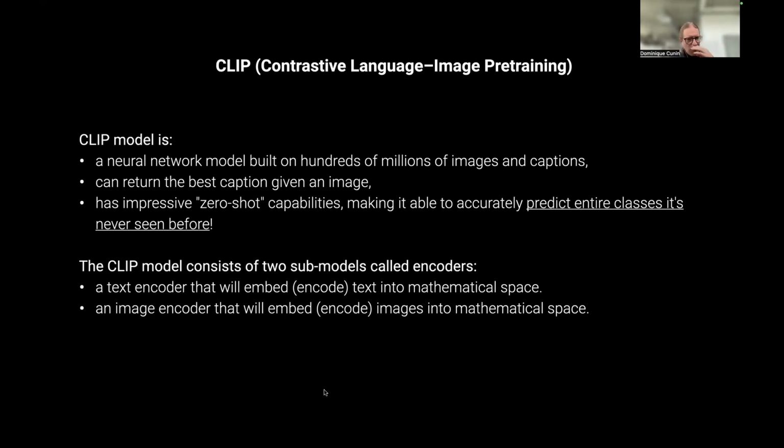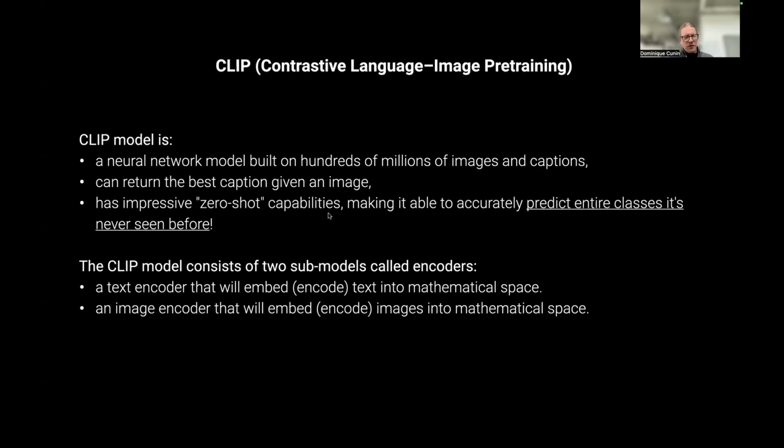It's a neural network model that is built with connections between images and captions, small descriptions. So if you question the model with an image, you give an image, and the model gives you back a caption. So it was the first usage.